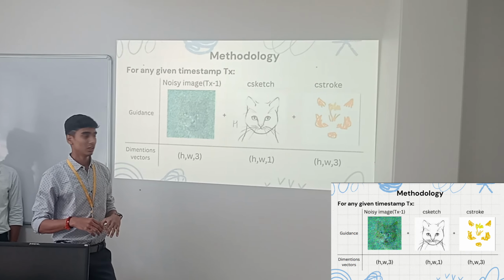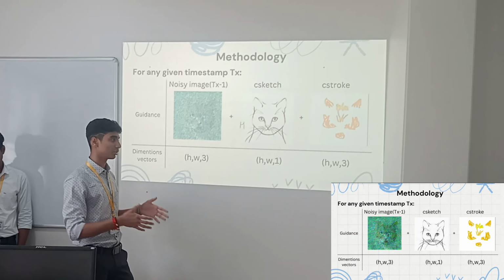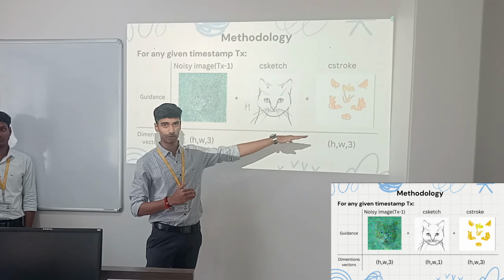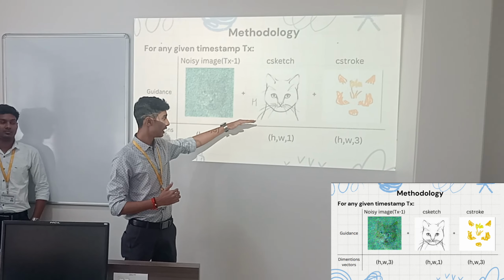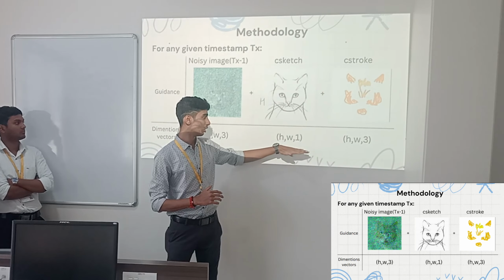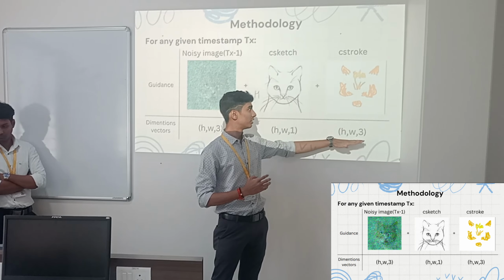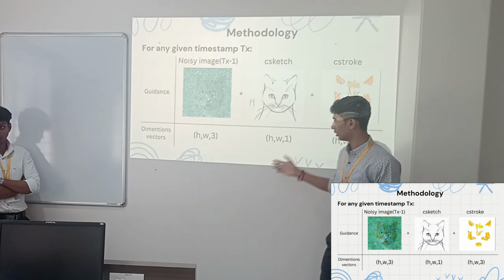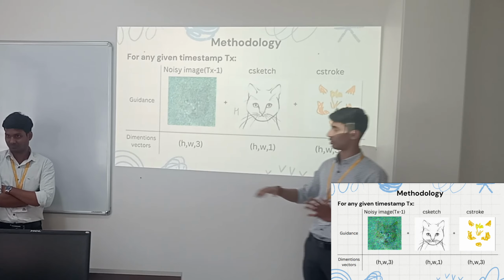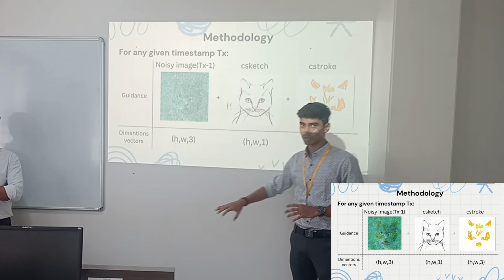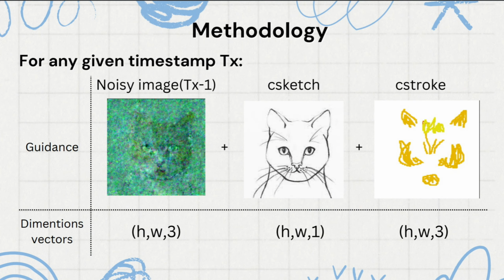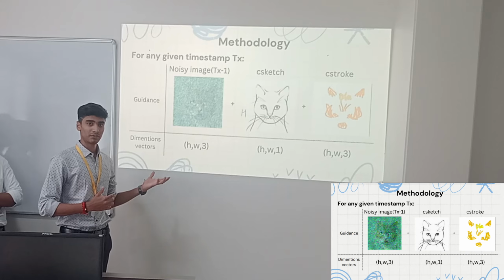But as we have to guide it towards a certain goal to achieve accuracy with respect to the sketch and stroke given as input, we append the input channels: the sketch of one color channel and the stroke of three color channels, RGB, into the input. So our input dimension is not just height, width, 3, but a total of height, width, 7 channels. This was all about the methodology, the diffusion architecture.